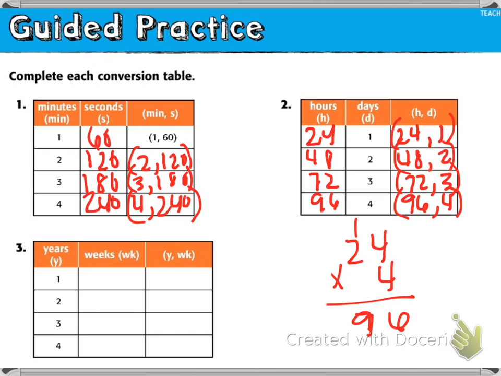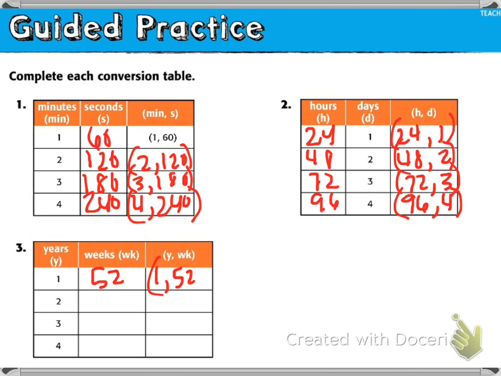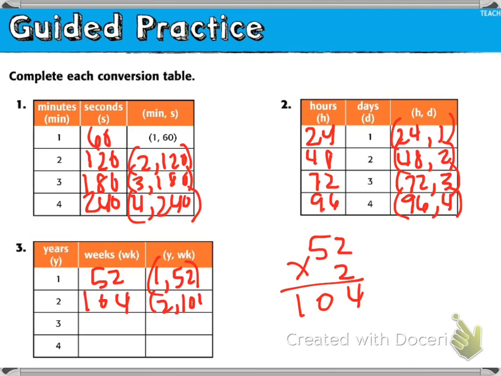Okay, I'd like you to pause the recording right here and fill out the conversion table for number 3, and we'll see if we get it. Okay, so 1 year, do we know how many weeks are in a year? There are 52 weeks in 1 year, so 1 and 52. How about 2 years? We would do 52 times 2, and we would get 104. So 2 and 104.